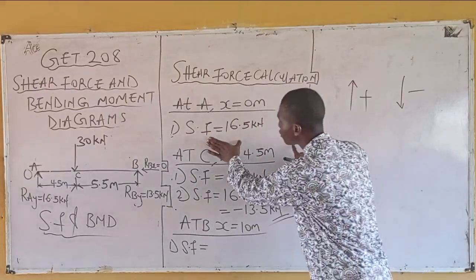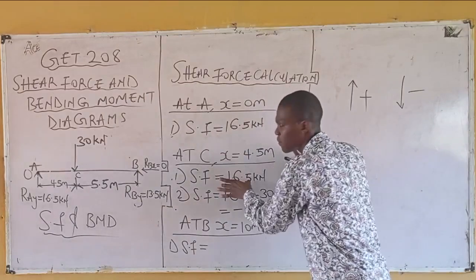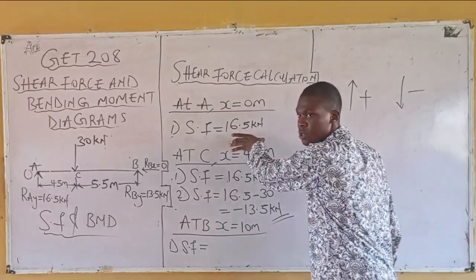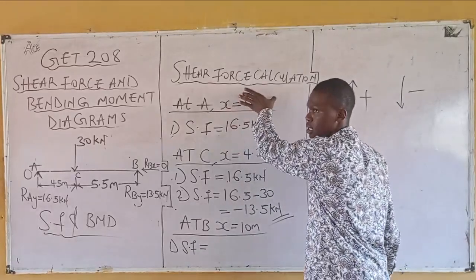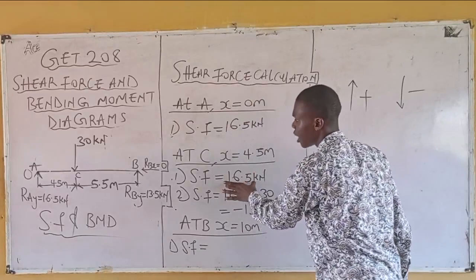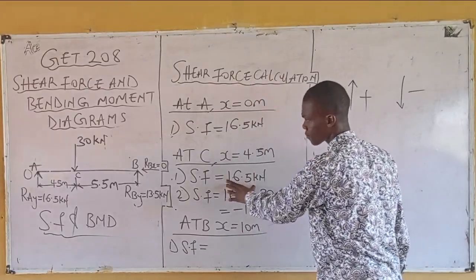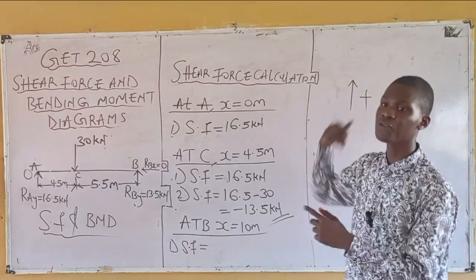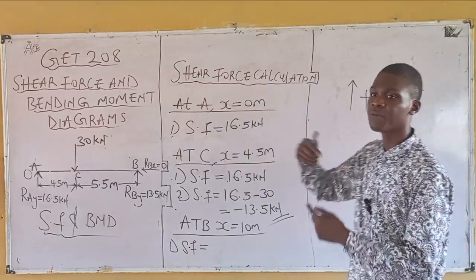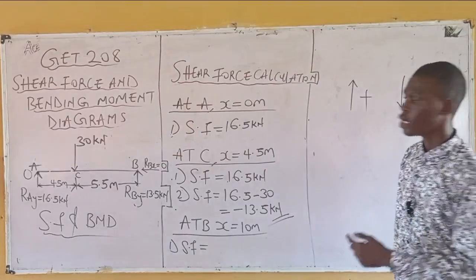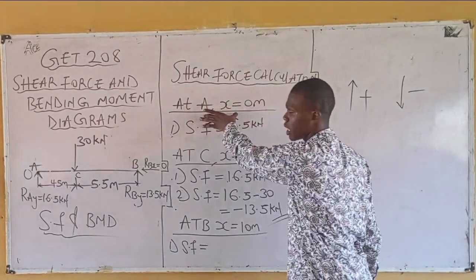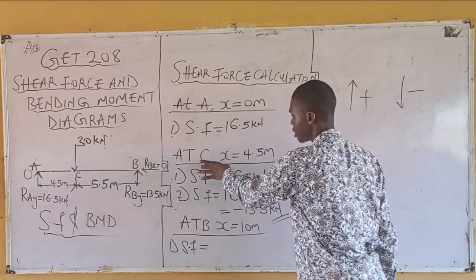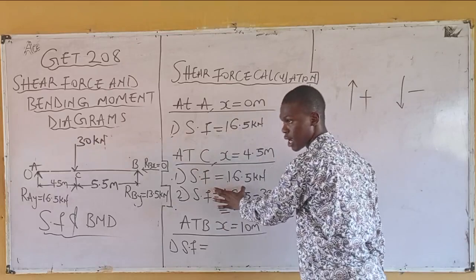The last value at point A will be the first value at point C. Or let me put it this way, the last value for the previous point will be the first value for the next point. The first point here is point A, and we got the last value, right? Now, the next point, which is C, is going to be the first value.